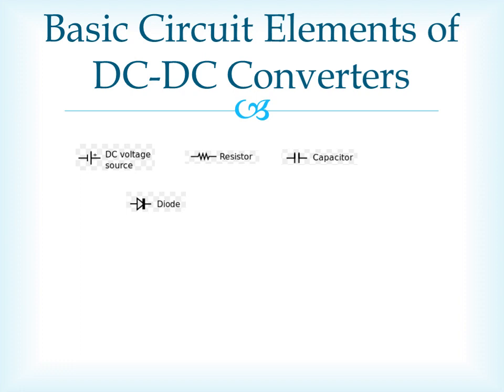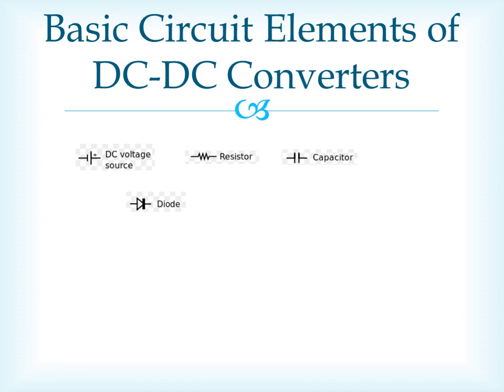Or in some of the circuits, the diode is used in such a way that it prohibits the direct flow of current in a particular direction. We don't want the current to flow back to the source, or we want to disconnect the source and the load. So in that case we use a diode in the circuit.